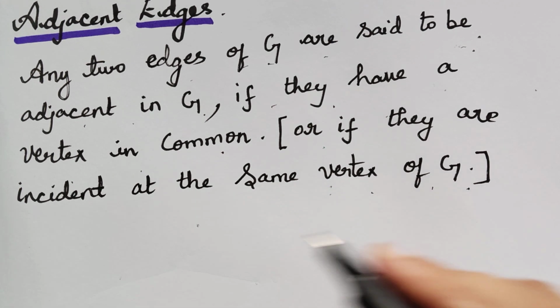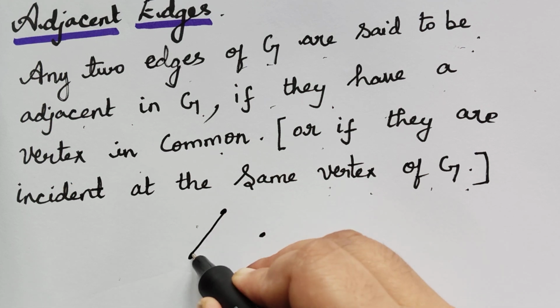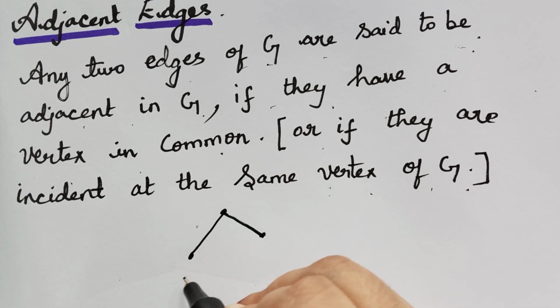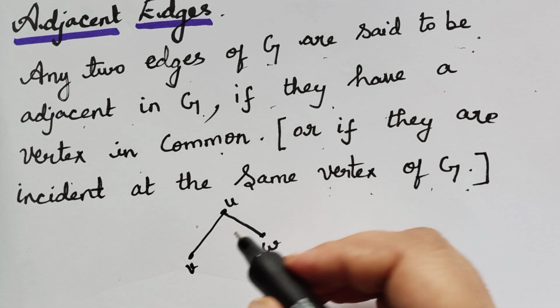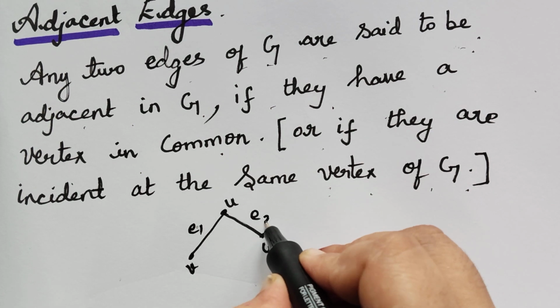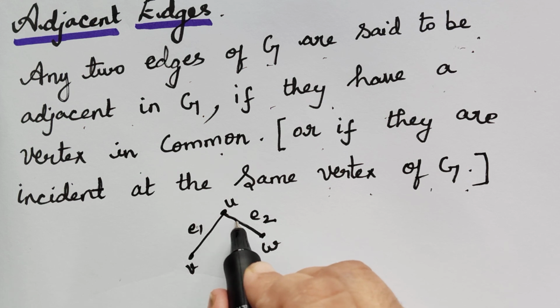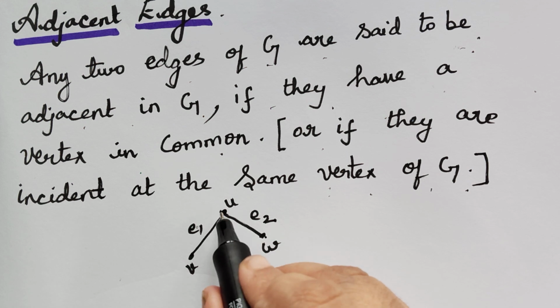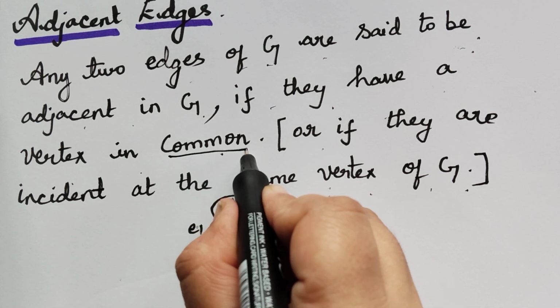For example, I am taking three vertices, and I'm taking two edges. This is U, V, W. Now this is edge E1, this is edge E2. Now we can say that the edge E1 is adjacent to edge E2 because they share a vertex in common. So that is what the definition is.